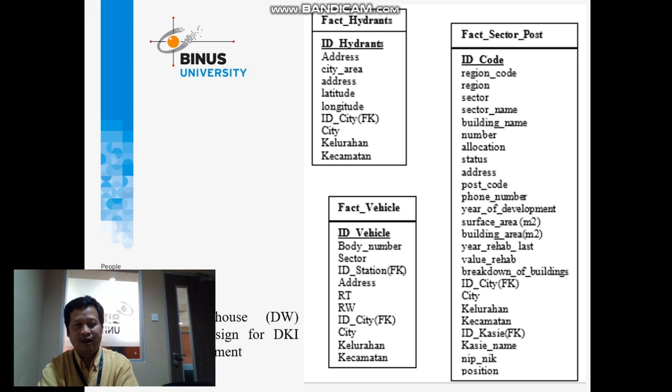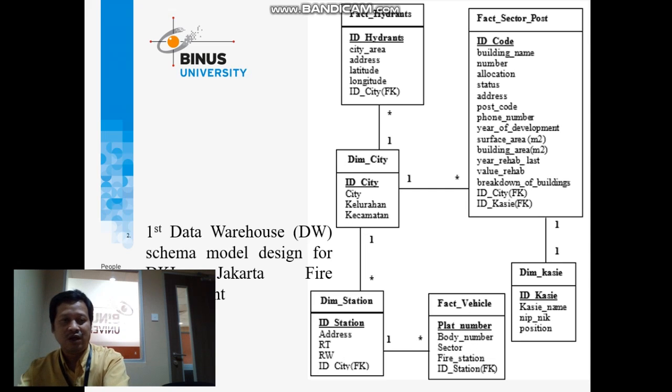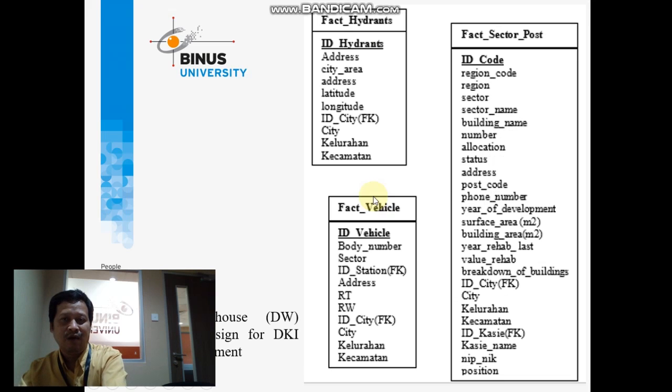If you look at the previous model, it looks more normalized, because there are relations between the fact tables and the dimension tables. However, in the second model there are no dimensions, so there is no relation between dimension tables and fact tables.